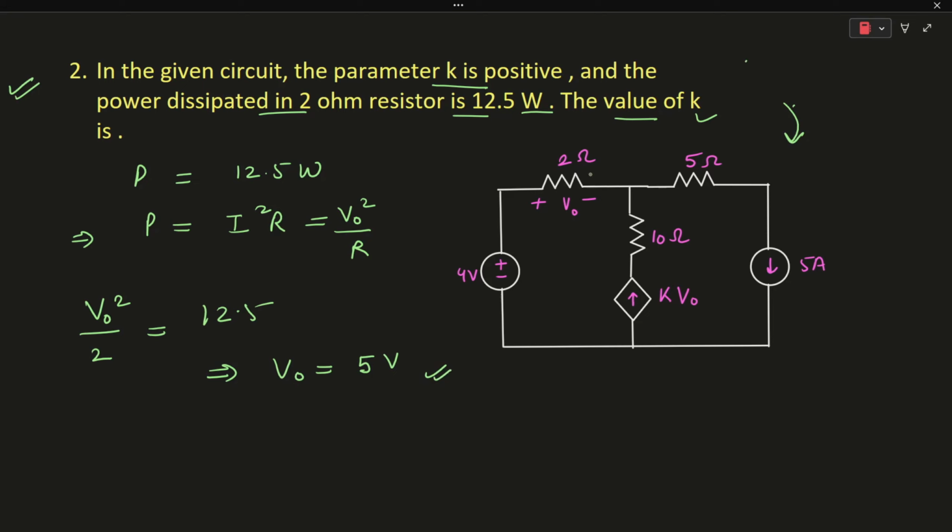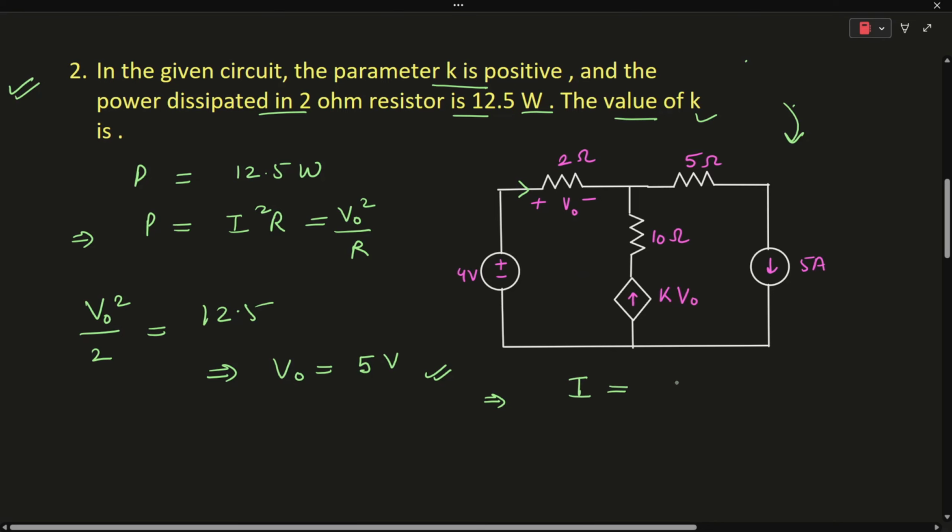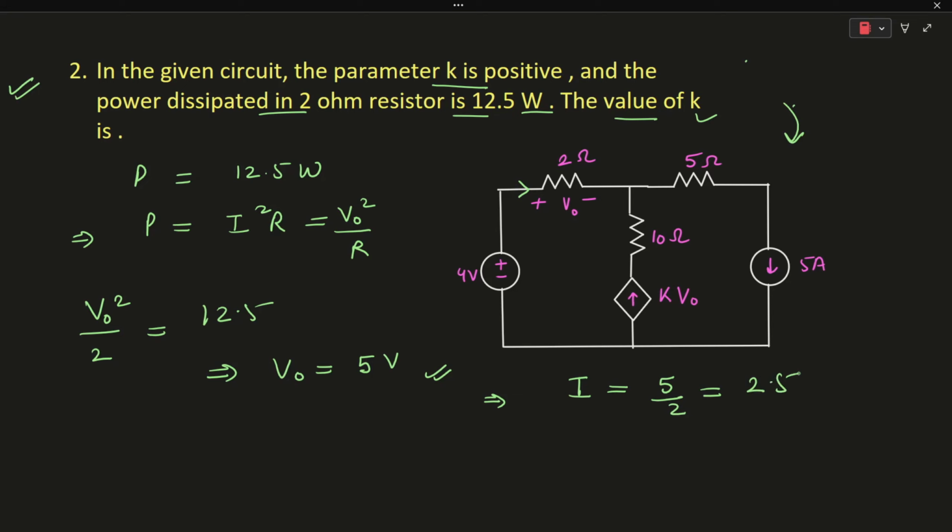We can also find the current flowing through the 2 ohm resistor. The current I is equal to 5 upon 2, which is equal to 2.5 amperes.